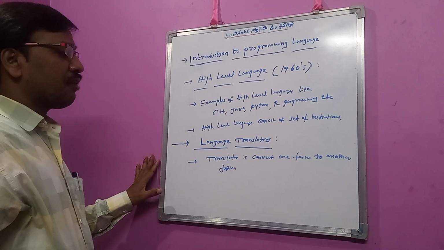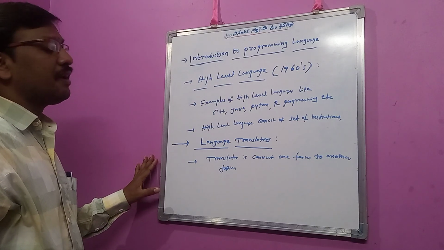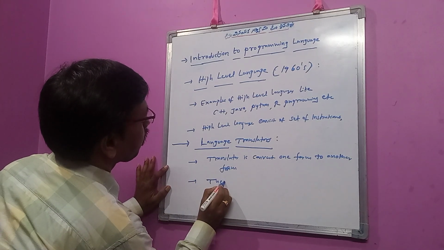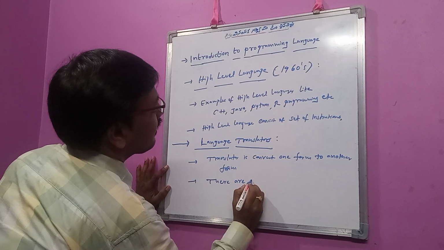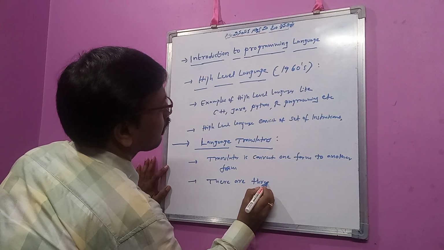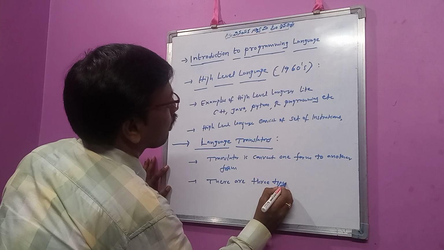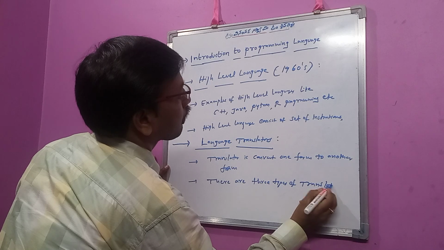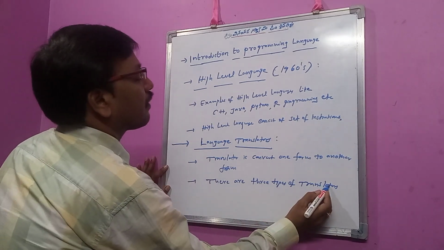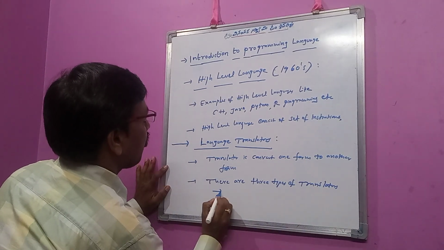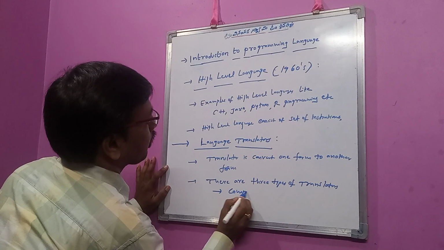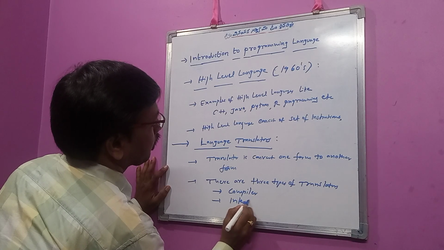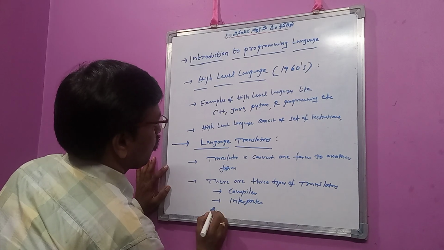There are three types of translator: number one, compiler, interpreter, assembler.